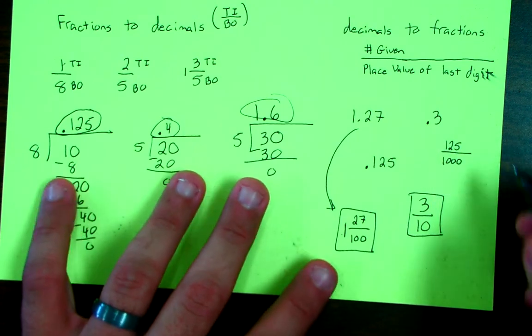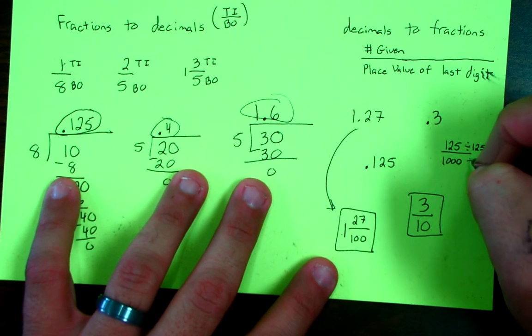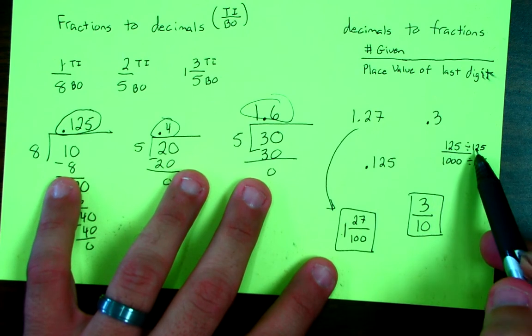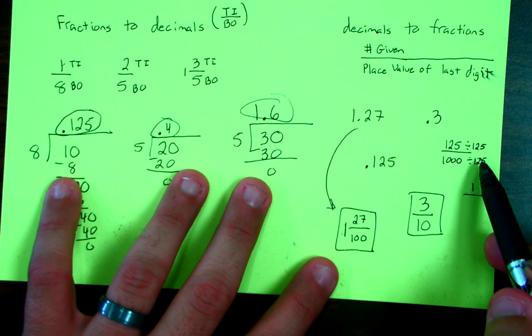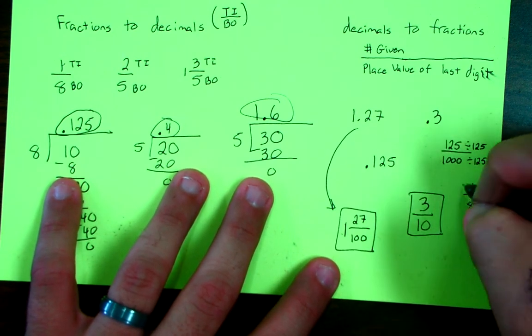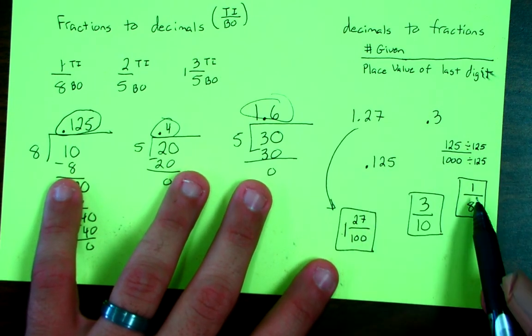But both numbers are also divisible by 125. What's 125 divided by 125? Well, that's 1. How many times can 125 go into 1,000? 8 times. So 0.125 is the same as 1/8.